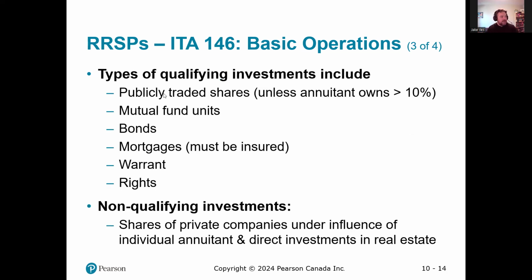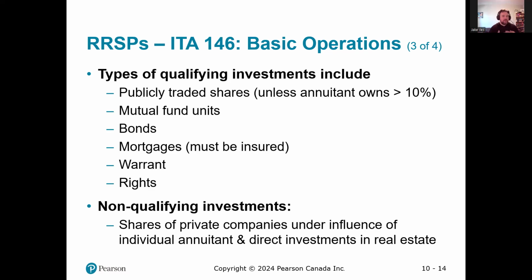In an RSP, you can have publicly traded shares, mutual funds, bonds, mortgages, if they're insured, warrants, rights. The reason publicly traded shares are allowed, but shares of private corporations are not allowed, is because if I own the private corporation, I have control of how many dividends get paid out.